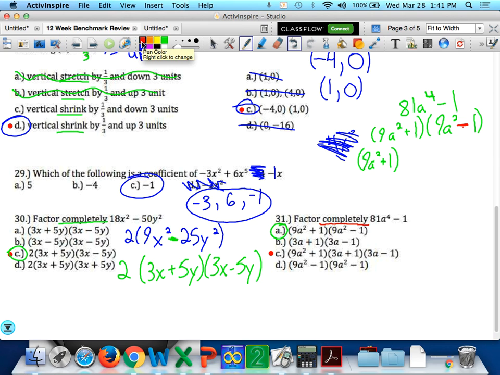My second binomial, I can take the square root of the first piece, which is 3a, and add it to 1, and 3a, and subtract it from 1. This would be factored completely. Not just partially, completely, giving us option C. Okay, option C. Very careful there. That's very tricky.